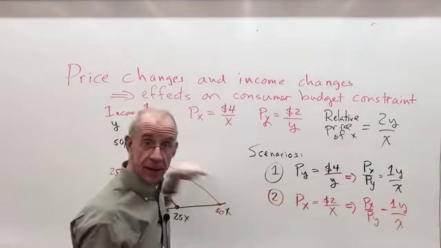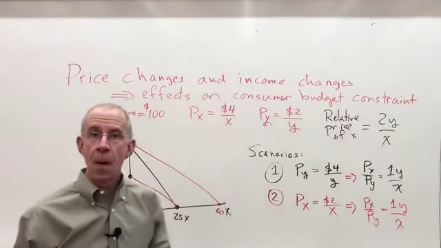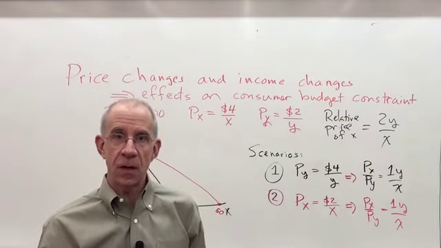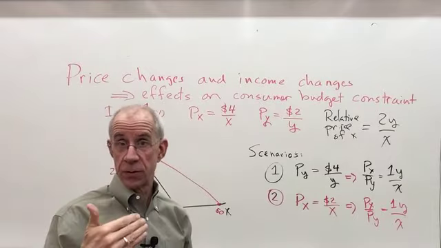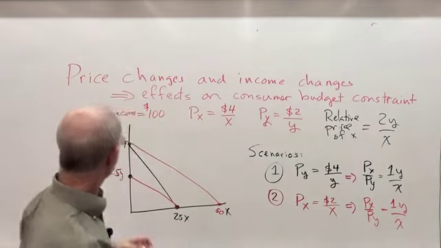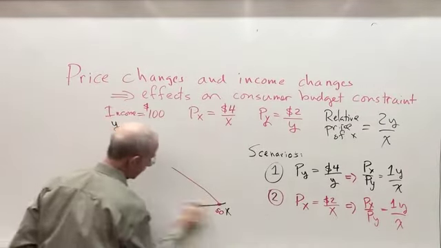The trade-off is the same. You have the same slope of the two budget constraints, but we'll see that the effect on consumers can be quite different because one of them reduces your effective income and the other one increases it. Okay?